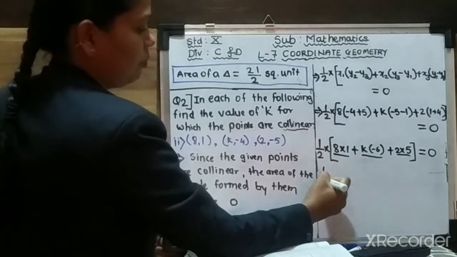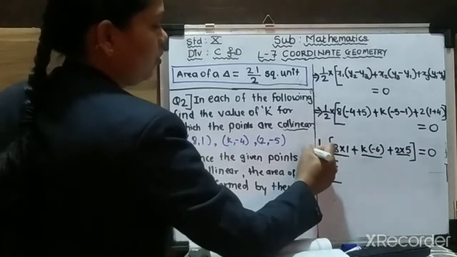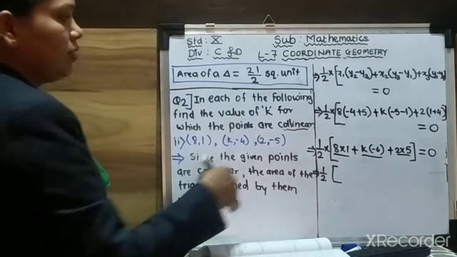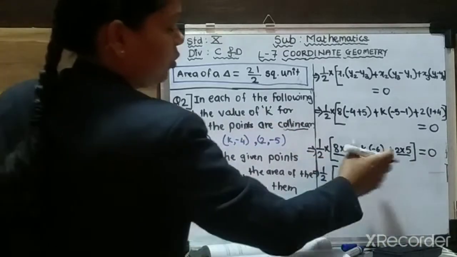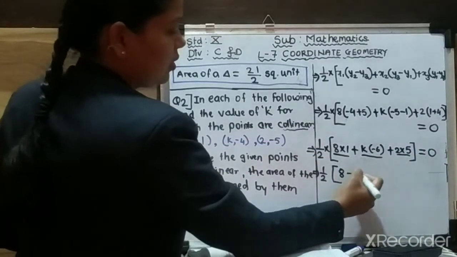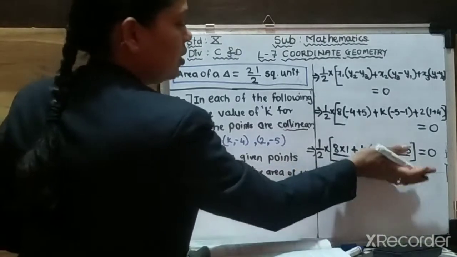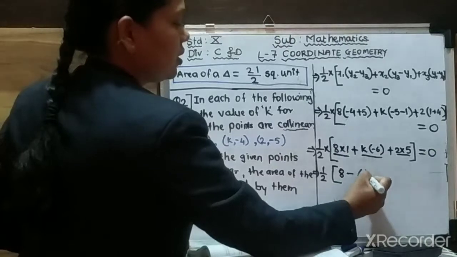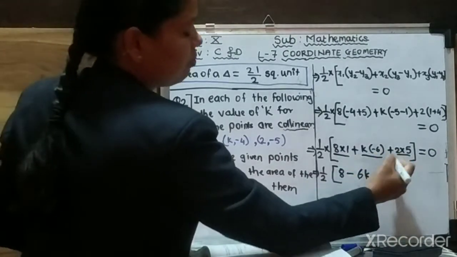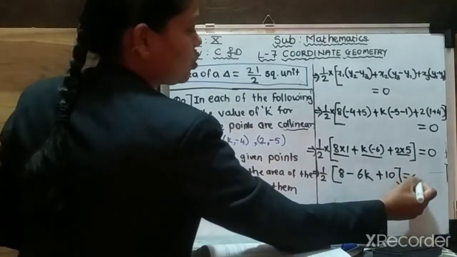Now 1/2. This one put an arrow over here so that we are just going to come to know that this is a new step. So 8 ones are 8. Then minus 6k. I'll write here minus 6k, or k6 also you can write, but this is more comfortable. 2 5s are 10 equals to 0.